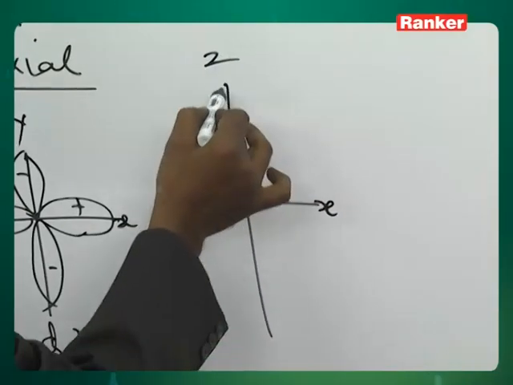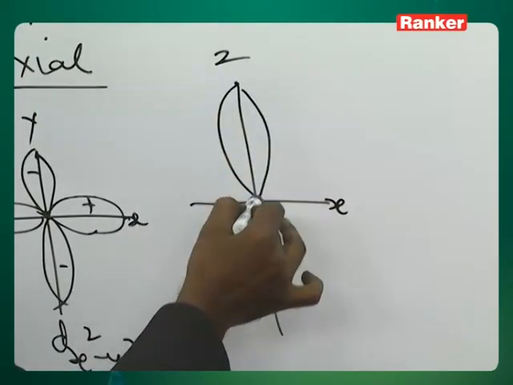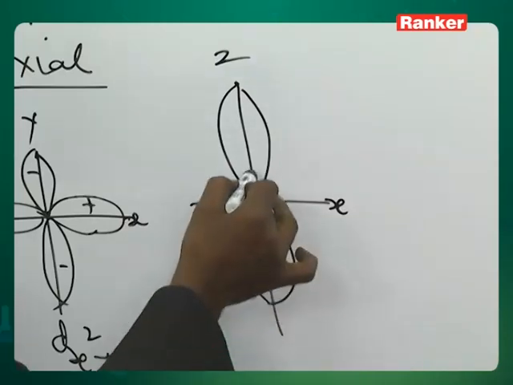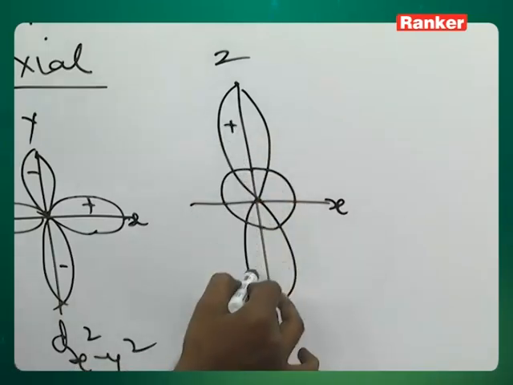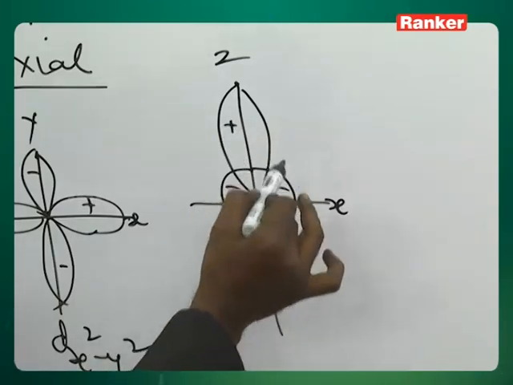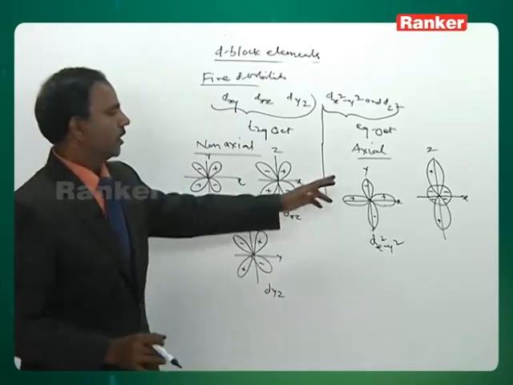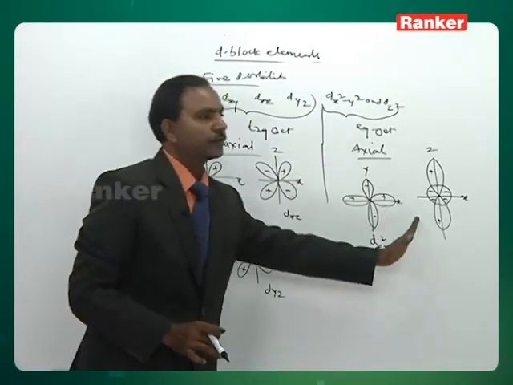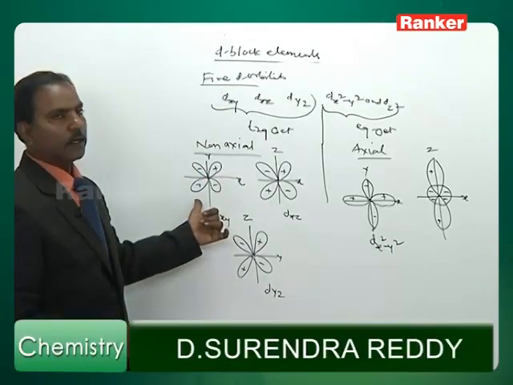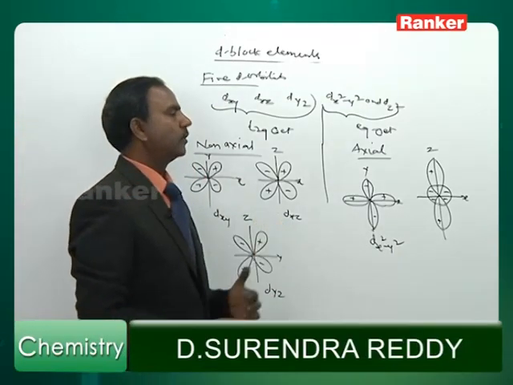This is oriented along only the z axis, plus plus and minus minus. These are oriented along the axes, axial orbitals. Those oriented in between the axes are non-axial orbitals.